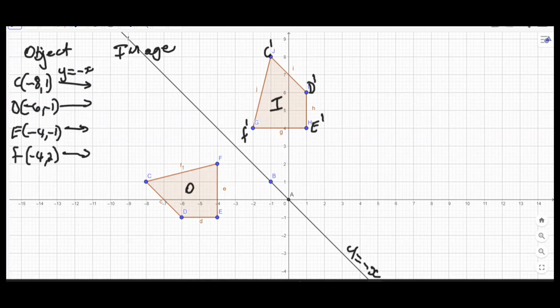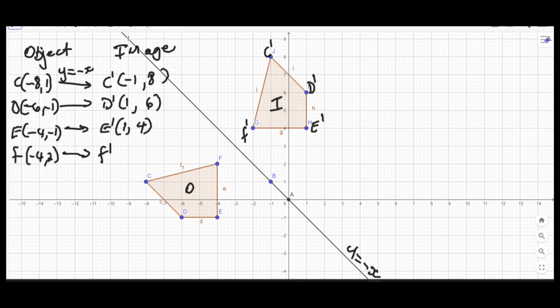I call that I. So we're going to have C prime, and C prime becomes -1, 8. D prime becomes +1, 6. E prime becomes +1, +4.